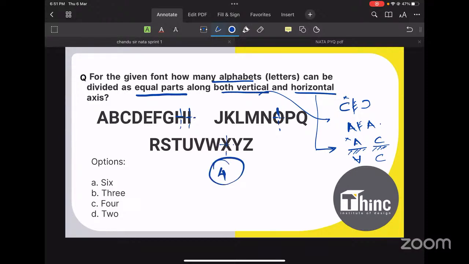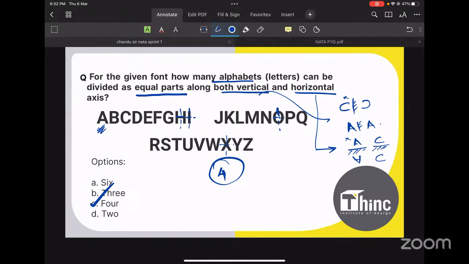Parth has given it all together. Good. So I think Saurav, Parth, as well as Harshit, we have done it well. 4 letters, and Parth gave option C. Good. Yes, Saurav, 4 letters. See, actually it is 4. So just keep these things in mind. See this particular letter.